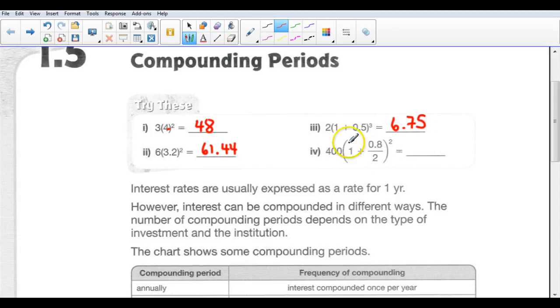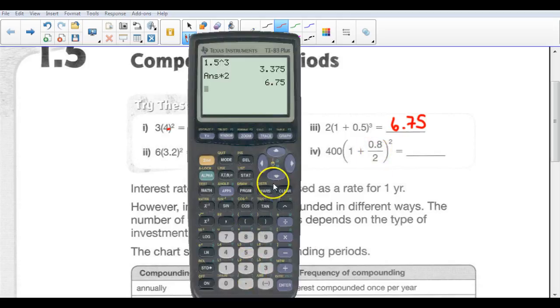And then this one here, same thing, I have to do it in brackets, but before I add 1 to anything, I have to do order of operations. I have to do this division first inside the brackets. So I do the brackets, but inside the brackets also has an order of operations. So I have to take 0.8 divided by 2. Let's do this first.